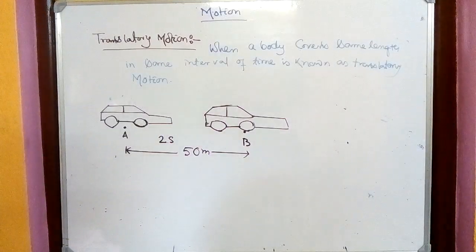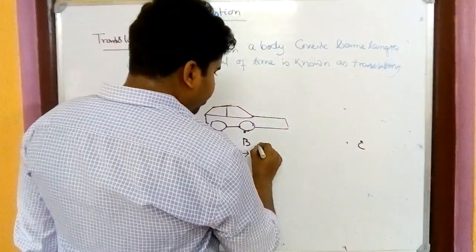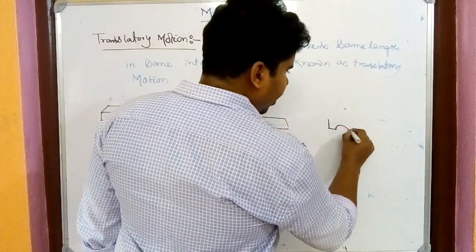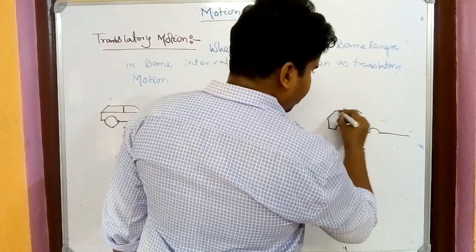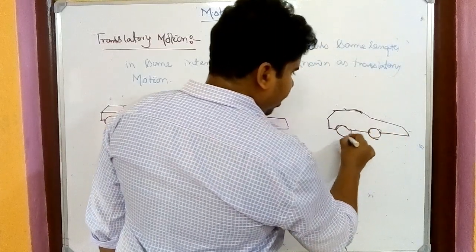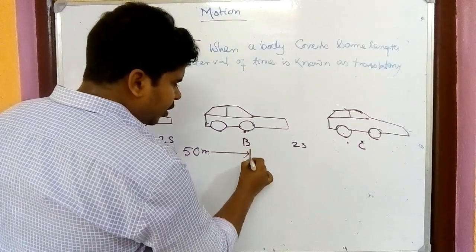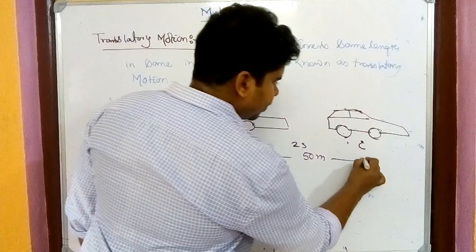Okay. So assume in 2 seconds the car moves 50 meter. Next, from B to C. In next 2 seconds, the car is coming here, and here also if you measure the distance from B to C, it is 50 meter.